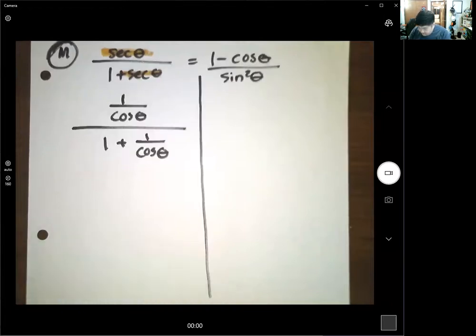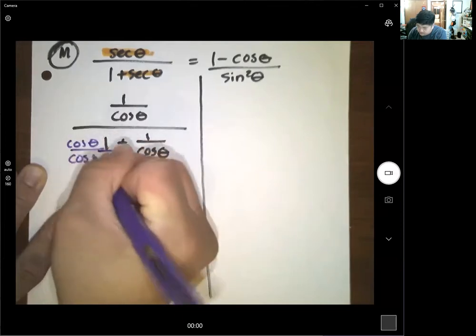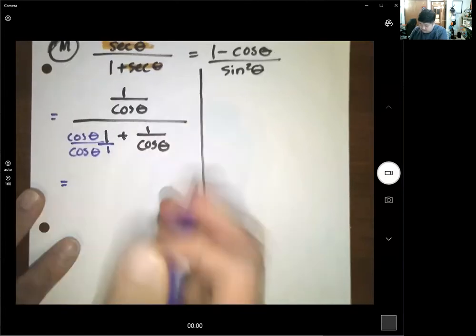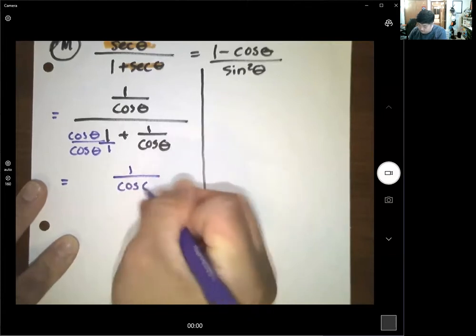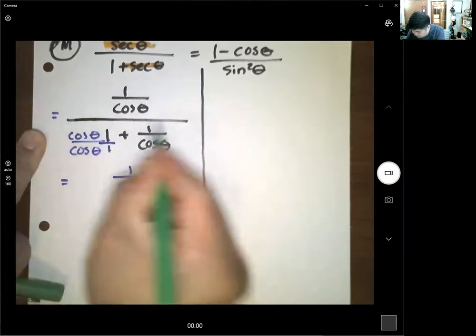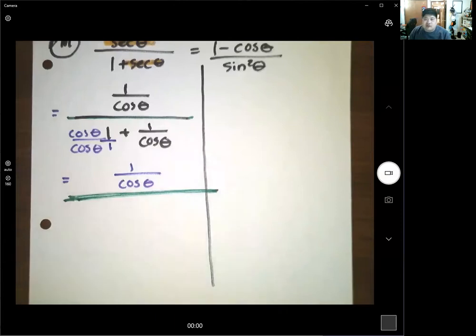And then in the denominator, I'll write this as 1 over 1 and then multiply by cosine of theta over cosine of theta, so that I will have a common denominator in the denominator here. So in the numerator, I have 1 over cosine of theta. And then remember, this is a double fraction here, so I'm going to be extra careful about this, because at some point I am going to multiply by the reciprocal. So I want to make sure that I treat that fraction bar like a grouping symbol and put parentheses around the numerator and parentheses around the denominator.